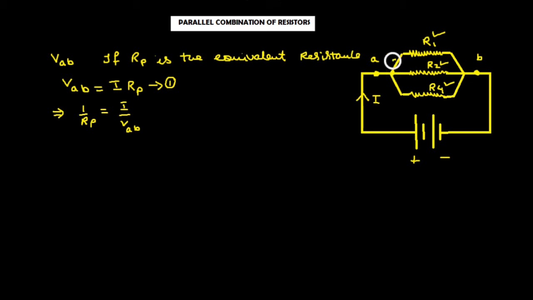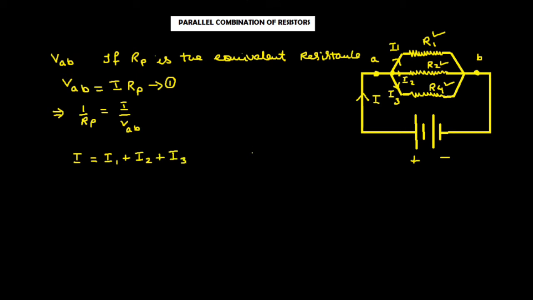Now let us assume that the current that passes through R1 is I1, the current that passes through R2 is I2, and the current that passes through R3 is I3. Therefore, this current I can be written as I1 plus I2 plus I3.